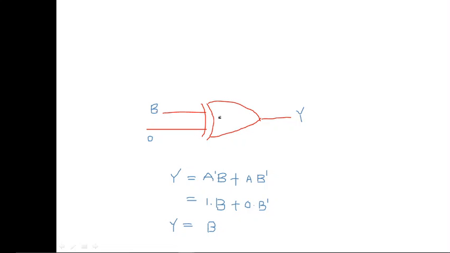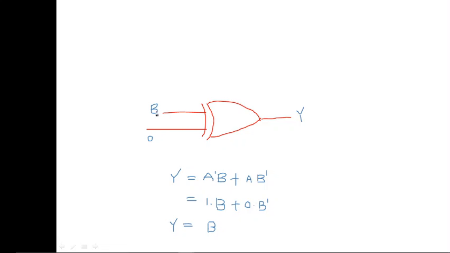So that means if you give two inputs to the XOR gate, and one of the inputs is 0, the output is the same as the other input. Very important: for an XOR gate, the first input is B, the second input is 0.